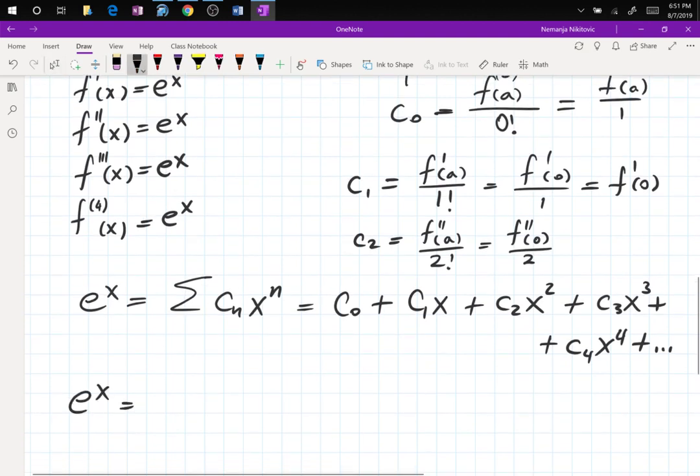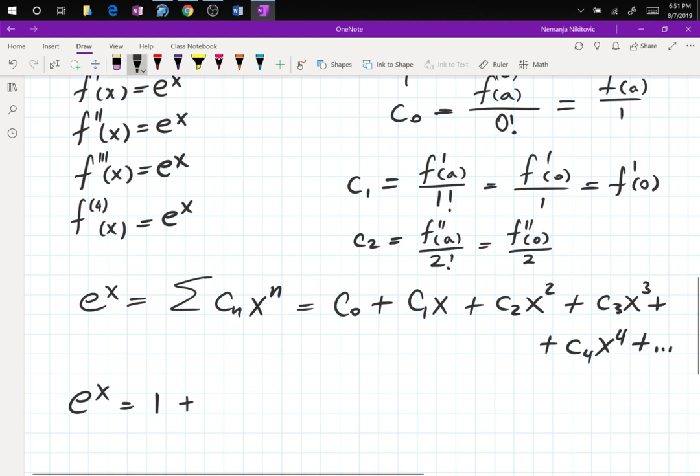e to the x is given as C0, which is just 1 times x to the 0, which is also 1, so the whole term is 1, plus C1.